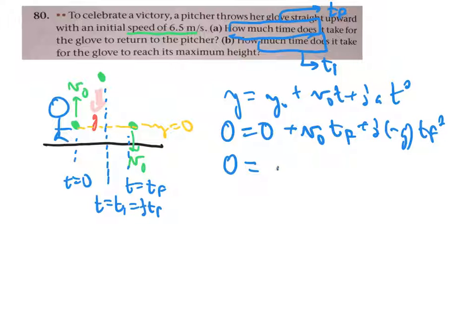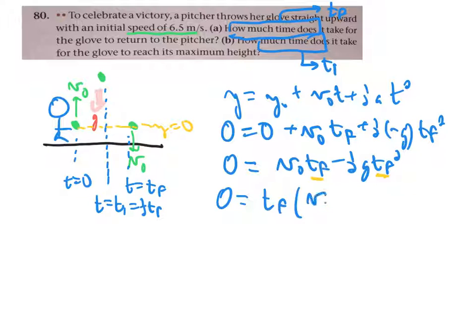I say 0 equals v0 tf minus 1/2 g tf squared, and then I use the algebraic trick that tf appears in both terms, so I can factor it out once. What I'm left with over here is v0, and what I'm left with over here is 1/2 g tf. And then I'm going to use a further algebraic trick called the zero property, that if two numbers multiply to 0, then at least one of those numbers is 0.